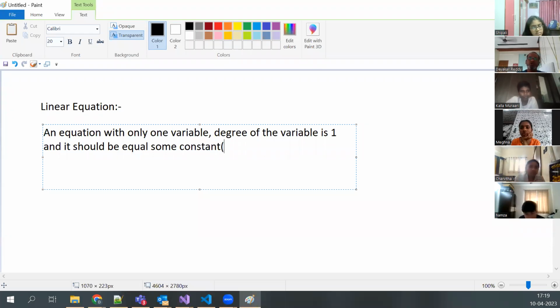It might be 0 or some value. So this is the definition of a linear equation with one variable.